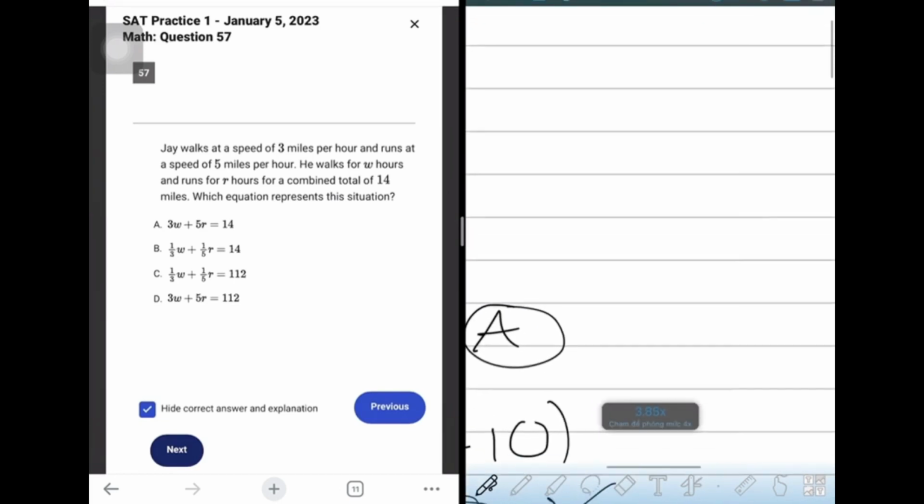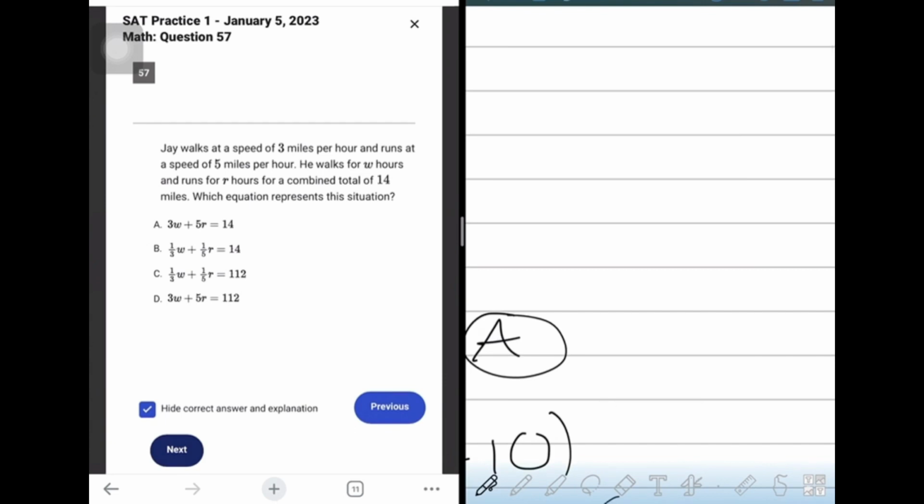So 3 miles per hour, and the letter W represents walk, and R represents run. So we have 3W plus 5R equals 14, so the correct answer is A.